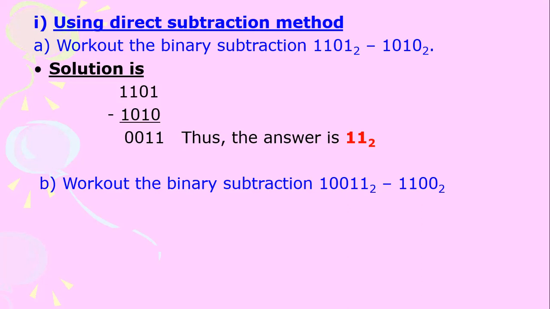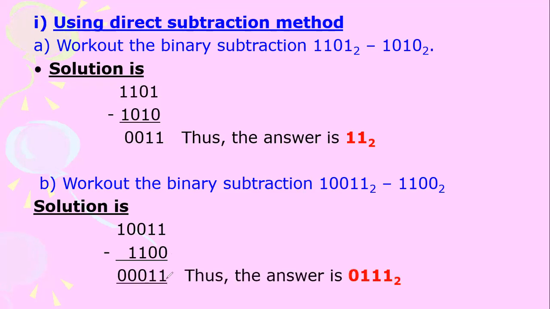So what do we do? When we subtract directly, we can see 1 minus 0 gives us what? It gives us 1. Then 1 minus 0 is also equal to 1.